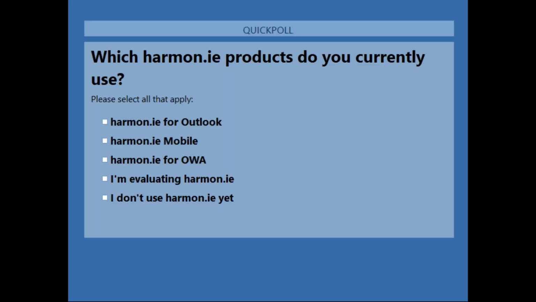So if you could please answer the question on your screen as to which of Harmony's products you are currently using. And if you're using more than one, that's great. We're happy to hear it. Harmony for Outlook, Harmony Mobile, Harmony Office Web App.